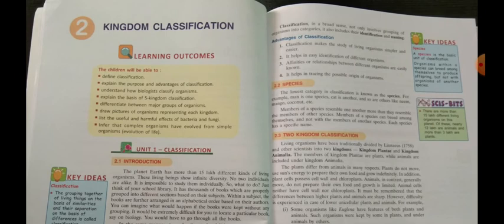Classification in a broad sense not only involves grouping of organisms into categories, it also includes their identification and naming. After classifying the organisms, we identify them, उनको पहचानना ज़रूरी है, and naming them, उनको एक नाम देना बहुत important है.